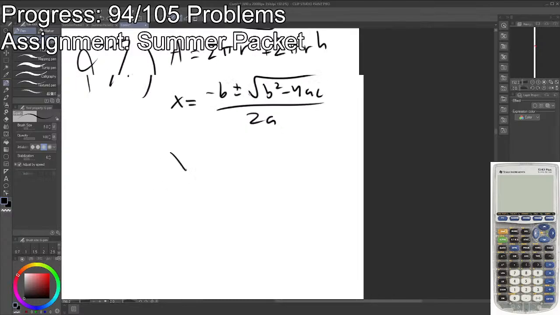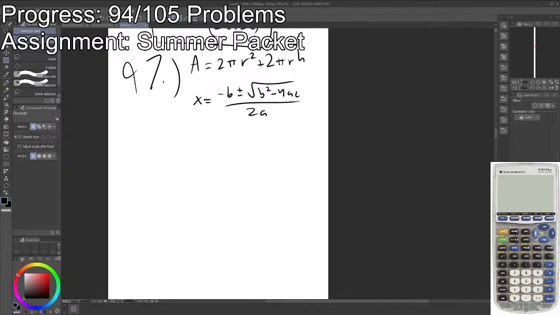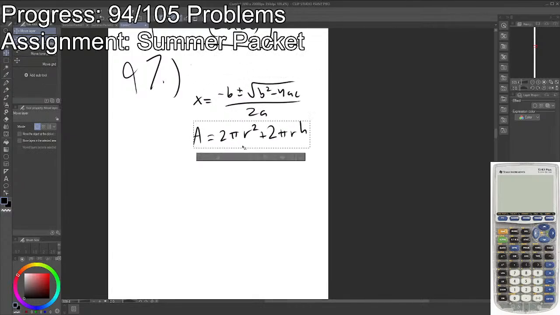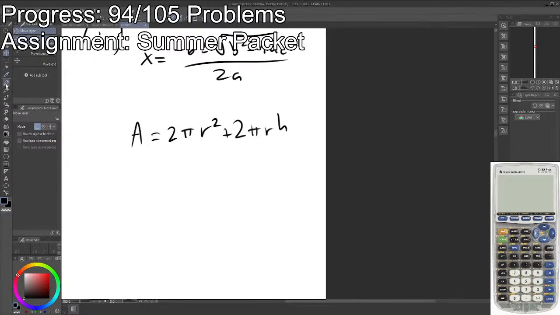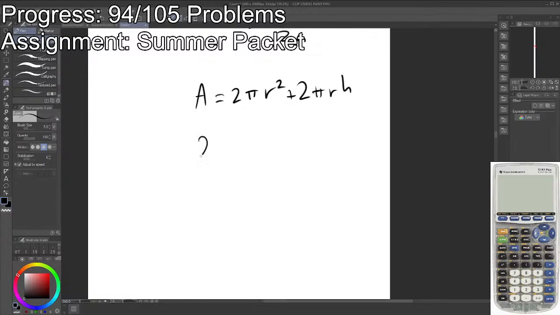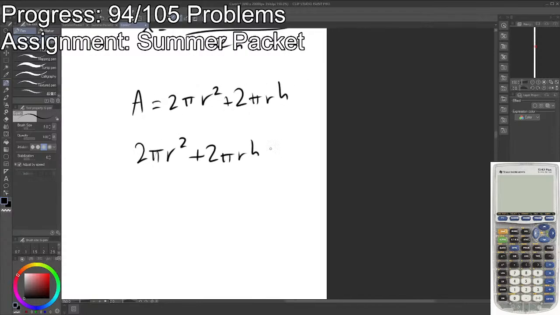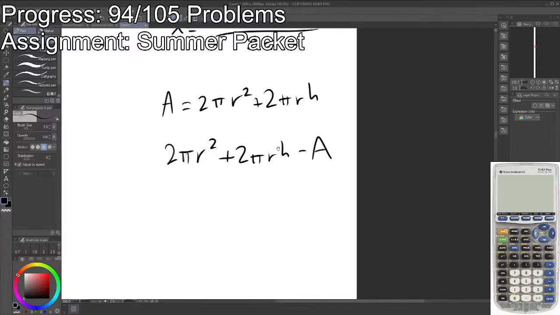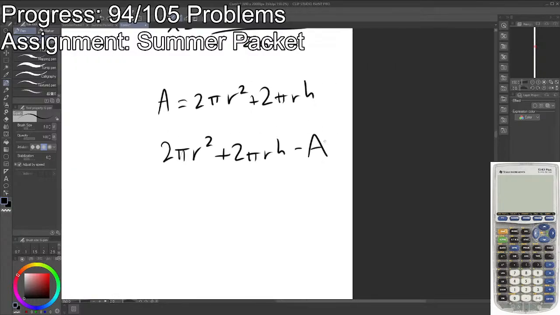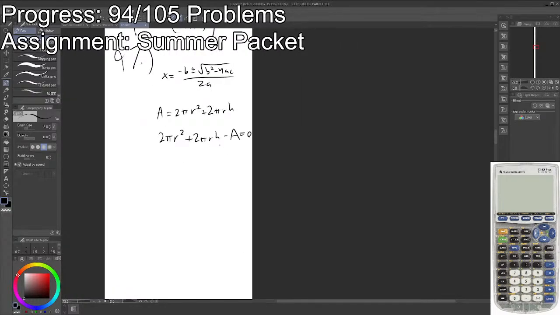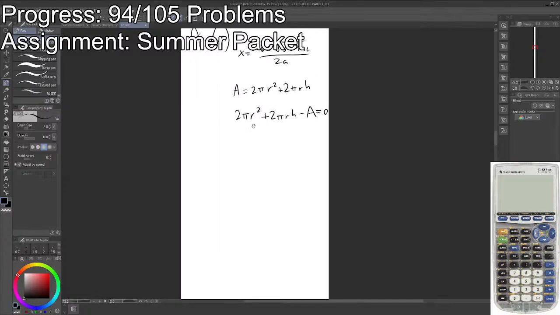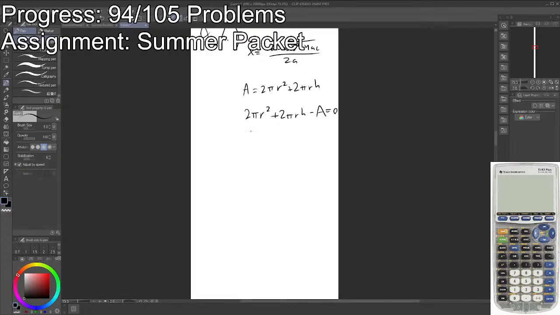Has to be in standard form first, actually. Factor out the 2 pi r or something.